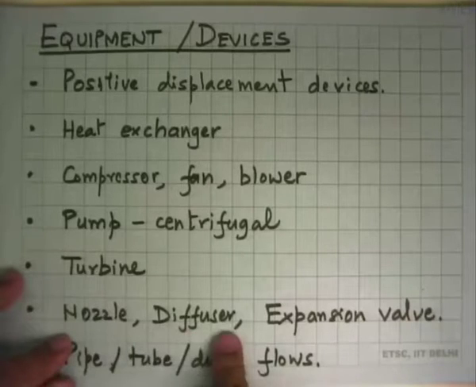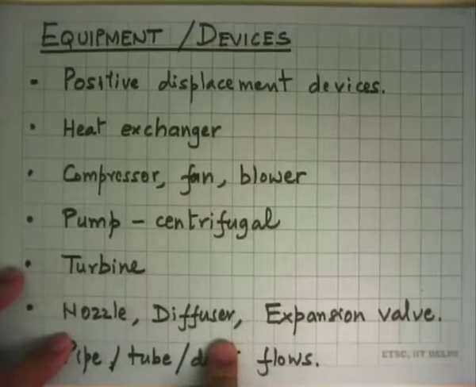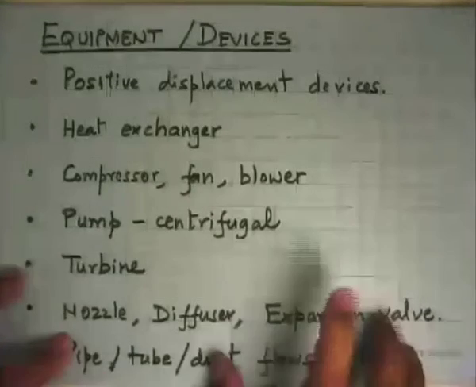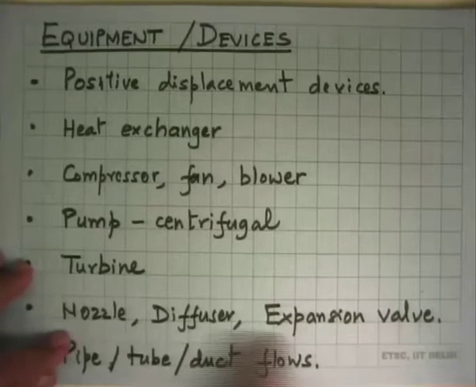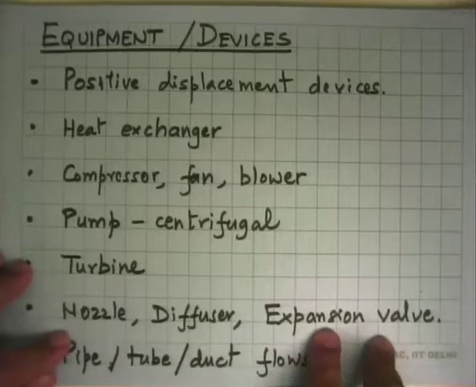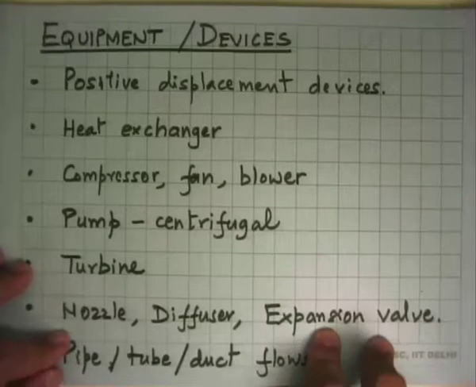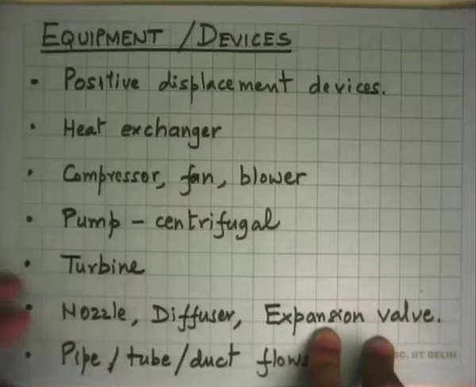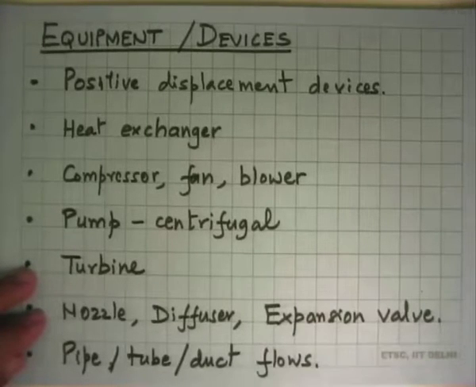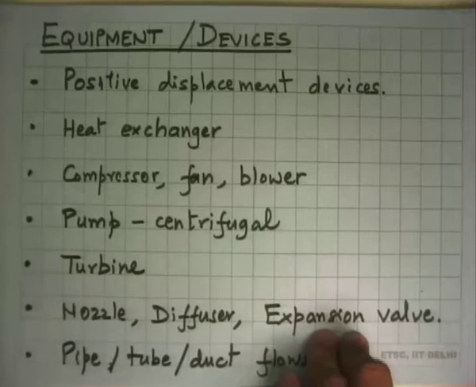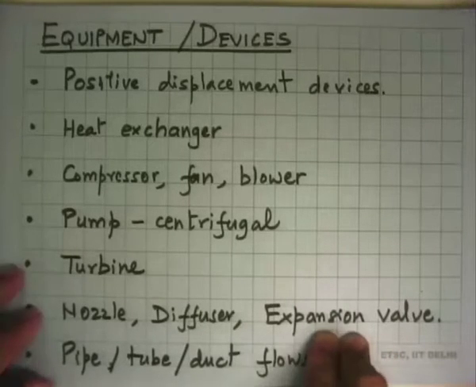Then we'll look at what is known as a valve in general, and in particular we'll look at a type of valve which is called the expansion valve, in which we expand the fluid without much change in kinetic or potential energy. We'll look at that. This is what actually happens when in a pipe you put a restriction, it dissipates energy, there's a pressure drop, but the velocity doesn't increase too much.